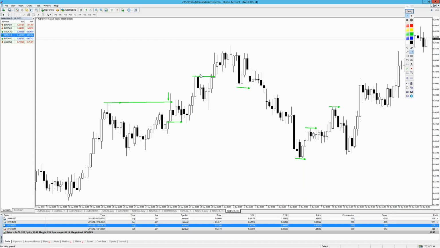Here is your entry, and you make money with one candle. In, out, earn money. No movement, no trend, only a short breakout. In, out of the market. That's very stressful.